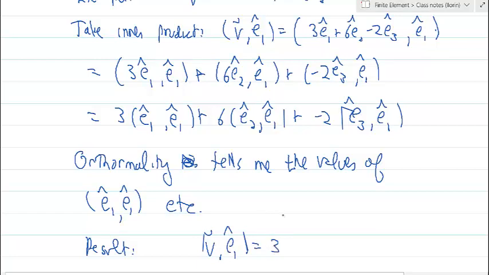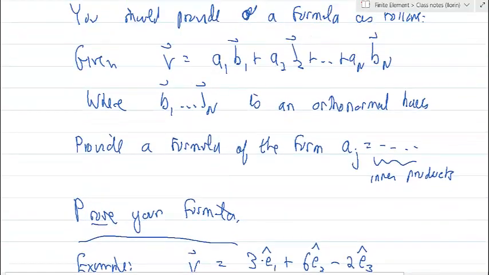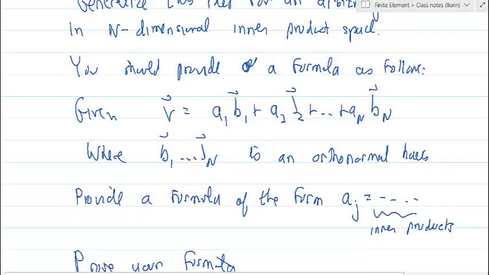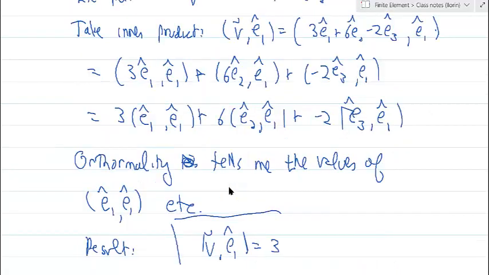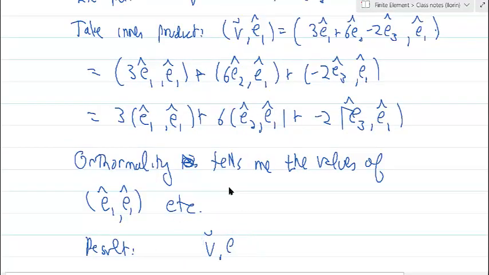Now you see that this result has this form that I'm looking for. I'm looking for the component is equal to some expression involving inner products. So I should write it this way. Instead of writing it this way, I should write 3 equals the inner product of v with e1.